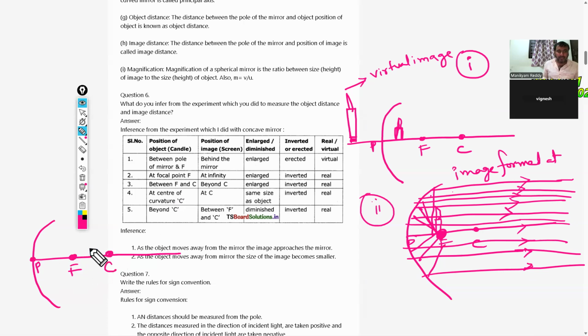Object kept between F and C, image formed beyond C. It is an enlarged image. I am not drawing rays, I am just showing the image.